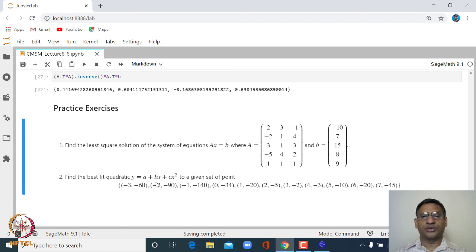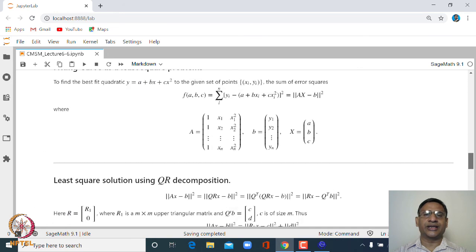Then b is the coefficient for z, so z1, z2, up to zn will be the column vector b, x1, x2, up to xn will be the second column of A, and y1, y2, up to yn will be the third column of the matrix A. That is how you can solve the least square problem, as an application of linear algebra.